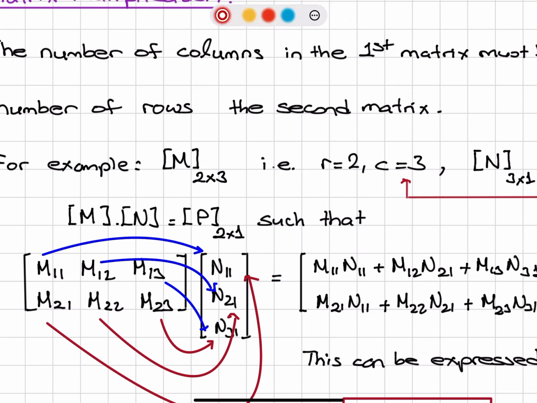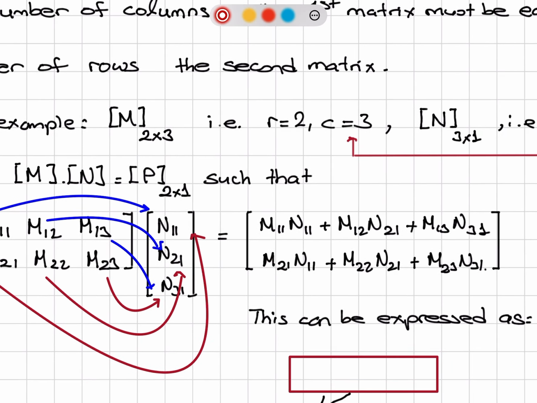So you can see that these two numbers are the same here. So this is giving us P11, and these two numbers are 2, 1, 2, 1, and 2, 1, and this is going to give us P21. So that's the second row, first column of the P matrix.